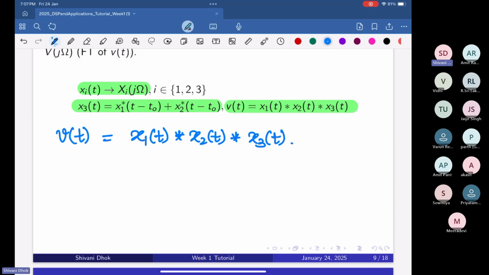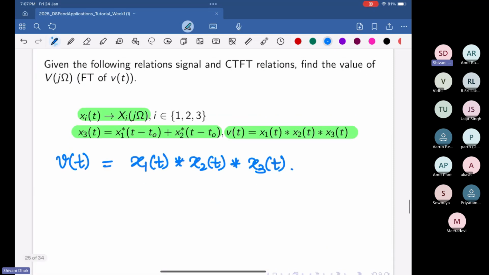This is the relation between v of t and x1, x2, and x3 of t. Another thing given to us is the Fourier transforms of x1 of t, x2 of t, and x3 of t, which are capital X1 of j omega, capital X2 of j omega, and capital X3 of j omega.